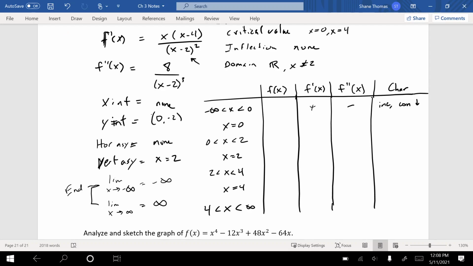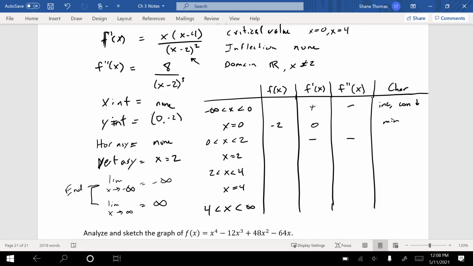All right, at x equals 0, the function is just negative 2. F prime would be 0. So that's actually a minimum value because it's negative, and because it's 0. All right, from 0 to 2, let's plug a 1 in. I get a negative here and a negative here. What's my outcome because it's negative on the first derivative and second derivative test?